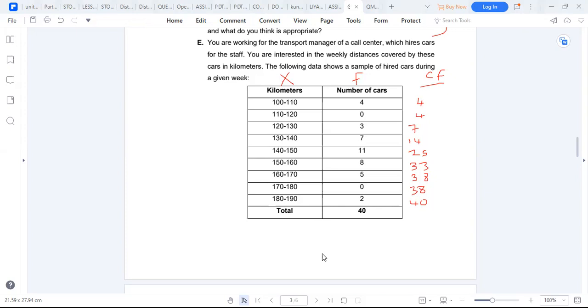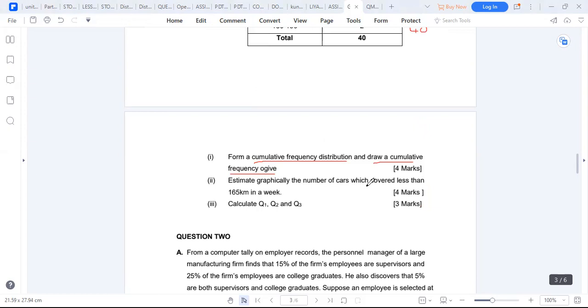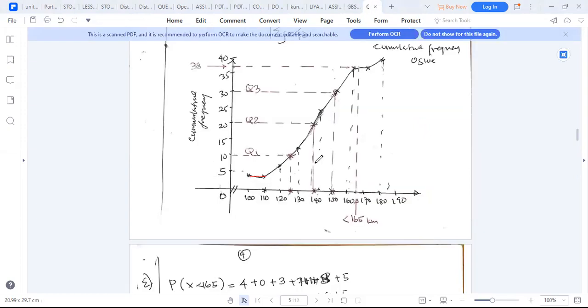Okay, so we're being asked now to graphically estimate the number of cars that covered less than 165 kilometers in a week. So you go to 165, which is somewhere here. Then you draw your line, then you take it there.